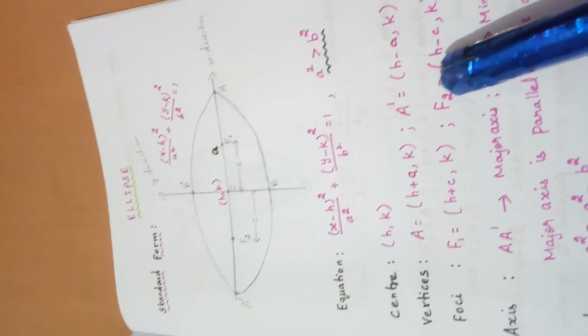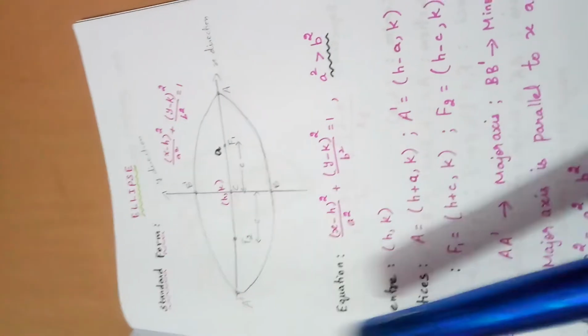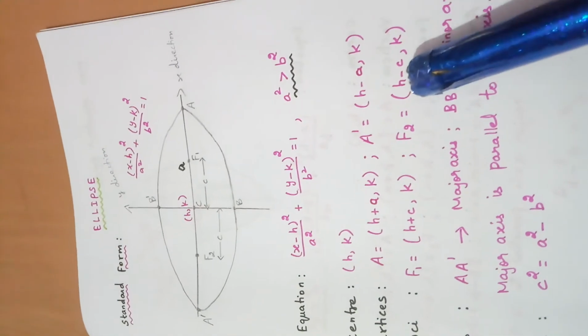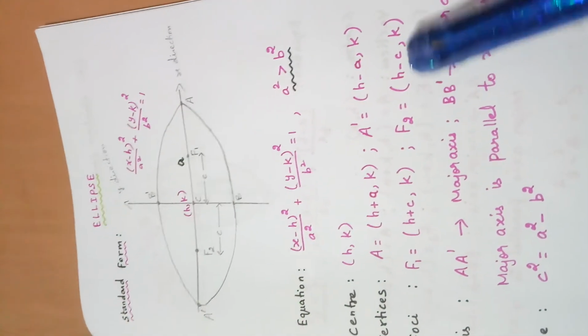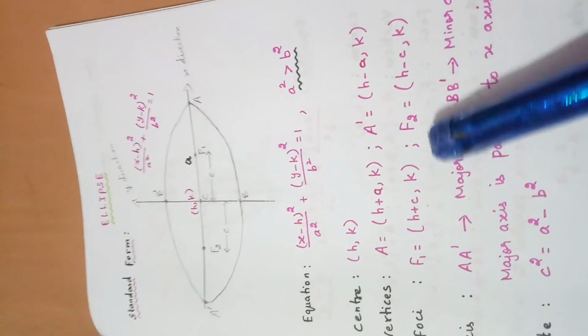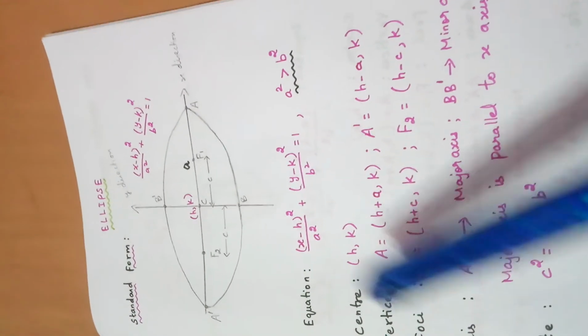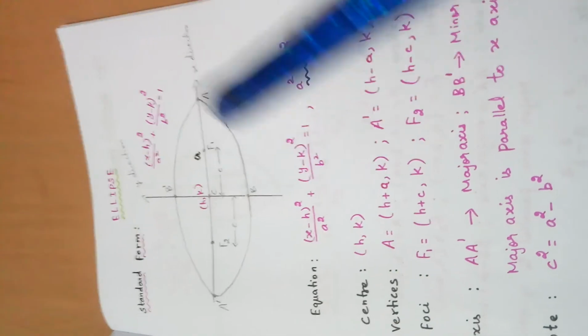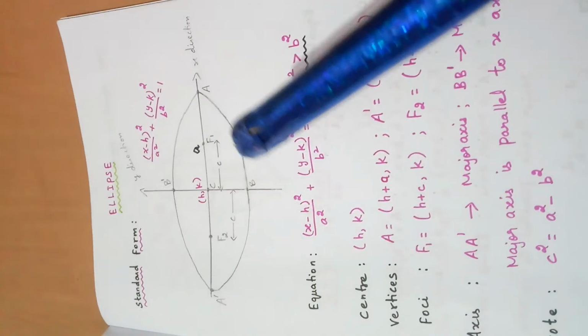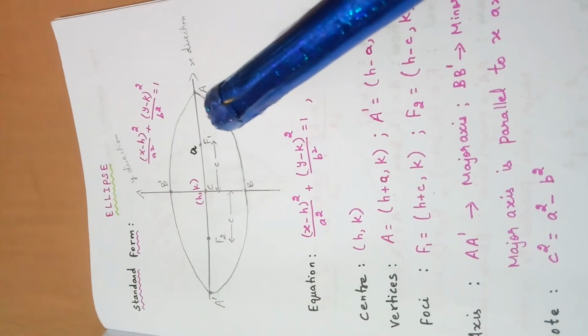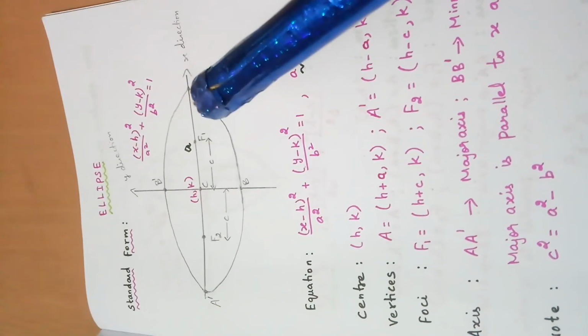Similarly, for focus 2, since it lies in the left hand side, we will be having h minus c comma k. I am spending more time to explain because this is the base. If you know the base, you can do the problems. If you are weak in base, you cannot understand even a single problem.